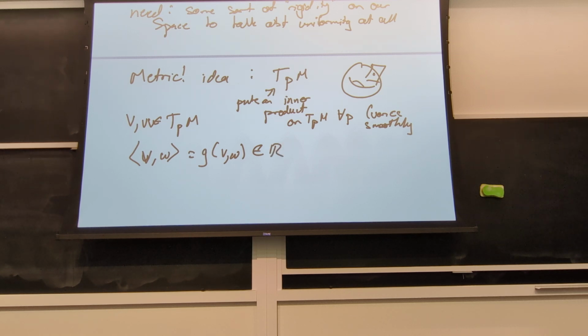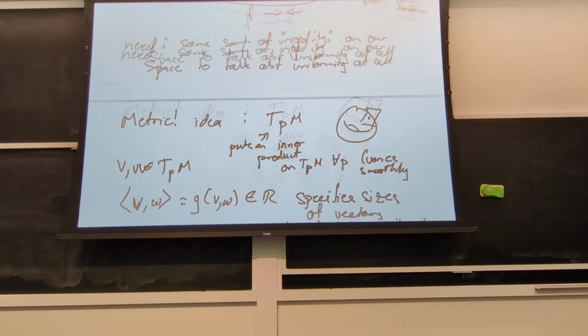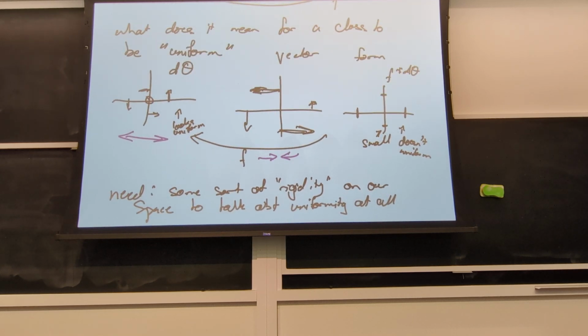And the way that you should think about this is that it specifies sizes of vectors. In particular, it gives unit vectors. So the way you think of a metric is that it gives you a specified size on every plane. And so what this is doing is sort of stretching things out, so this would not preserve the metric.